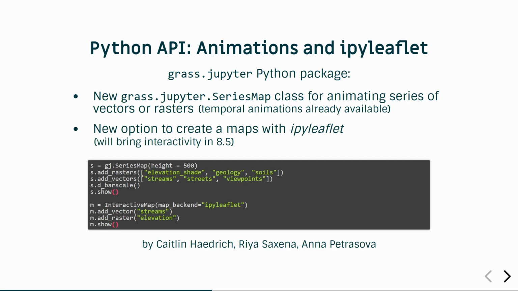And another addition is that we are adding an interface with IPyLeaflet, which is a library in Python providing a lot of interactivity. So you can do a lot of clicking in that map, zooming, and the things can go back to GRASS as well. So you get kind of a very interactive desktop GUI-like experience as far as the map is concerned.